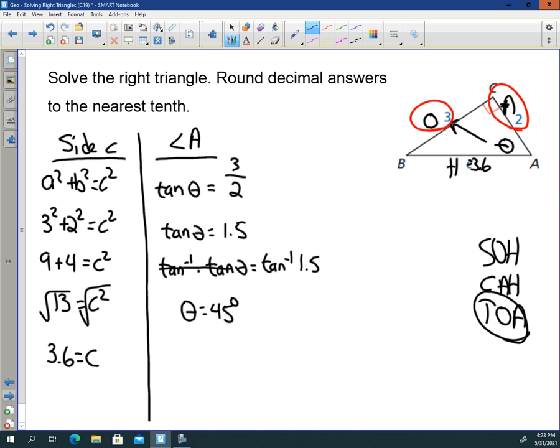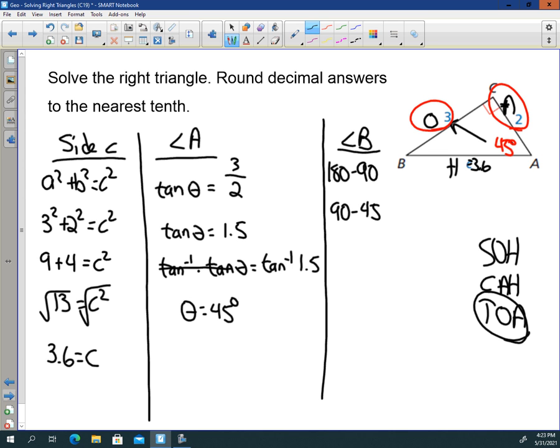So the last thing to do is to find angle B. Oh, sorry about that, 45 degrees. Well, that's easy because I know that if I take 180 and I subtract angle C and angle A, I'm going to get angle B. Well, 180 minus 90 is 90, and then 90 minus 45 is 45.